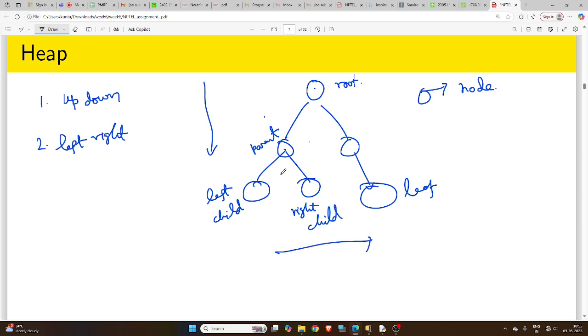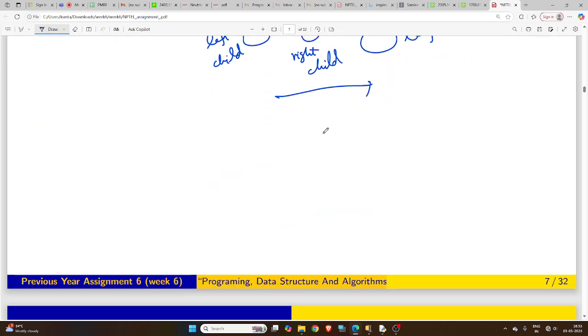At the very first it will fill all the nodes on the left, and after that it will come to the right one. So as an example, this is not a heap. Why? Because the left-to-right condition is not satisfied.